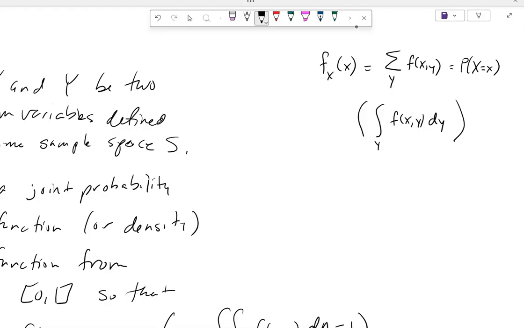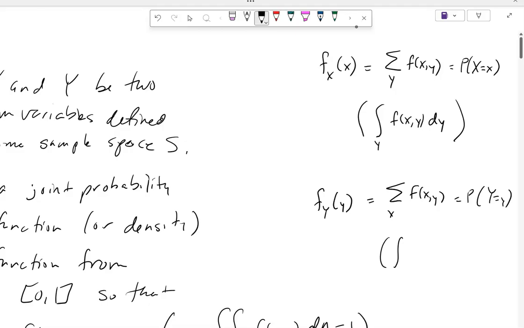Okay. Likewise, if you do your marginal PMF for y, you'll sum or integrate over all the possible x's. So if you do f sub y of little y, in the discrete case, that gives you the probability that Y is equal to y.